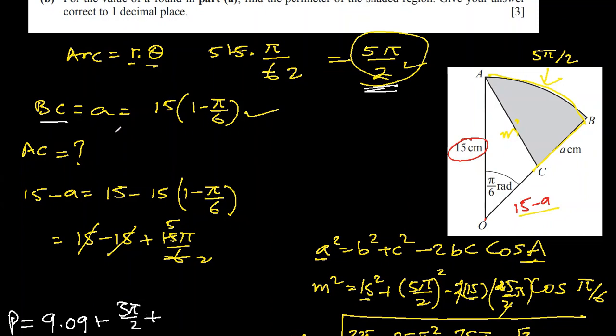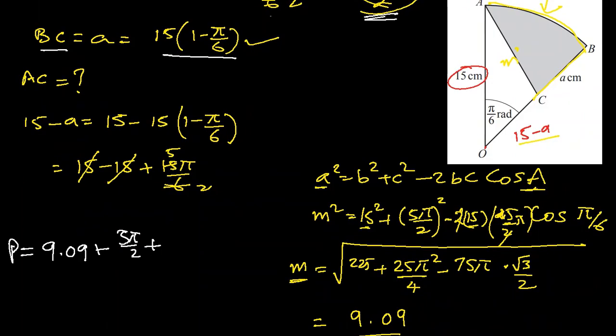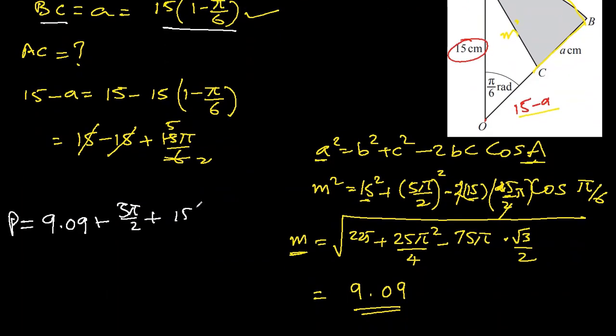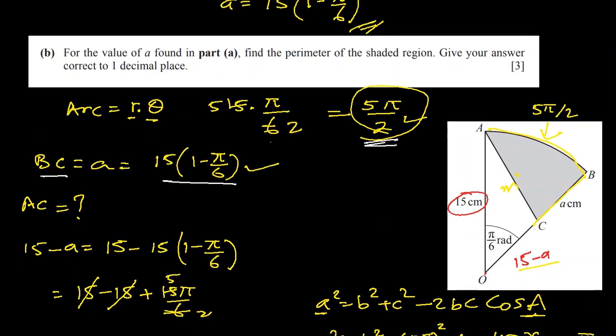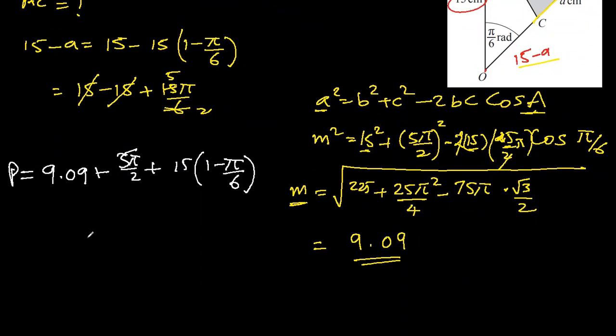And then we got BC also, which was A, 15 times (1 minus pi over 6). Now we'll put all this in my calculator and they want the answer in 1 decimal place. So I get 24.1 rounded off to 1 decimal place, centimeters.